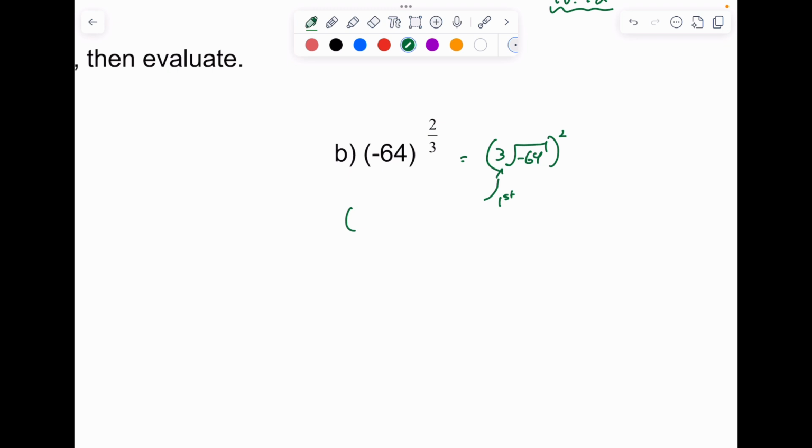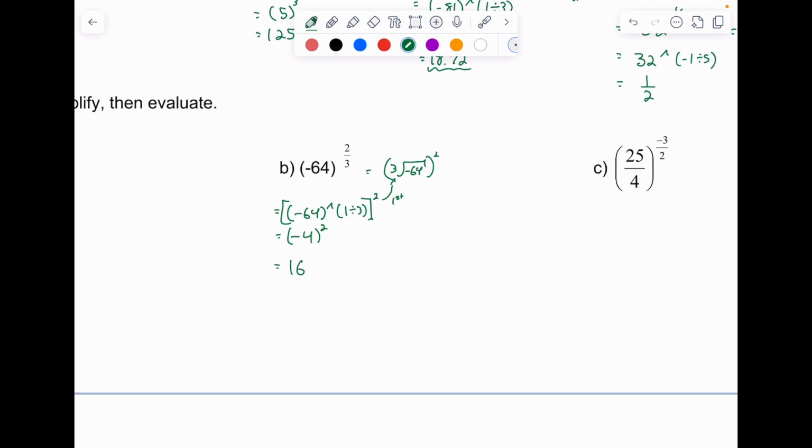So go negative 64 to the power of 1 divided by 3. All right, well, the third root of 64 is going to be minus 4. Then square that answer. All right, so all of this would have been squared. So that would be 64. Oh, sorry, 16. Jeez. 16.